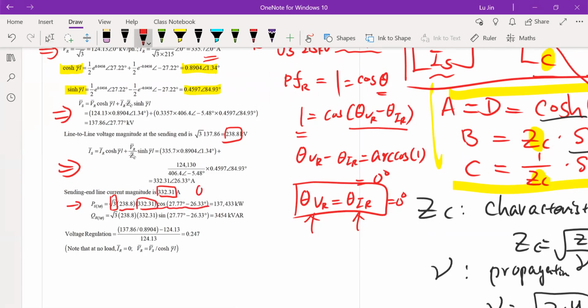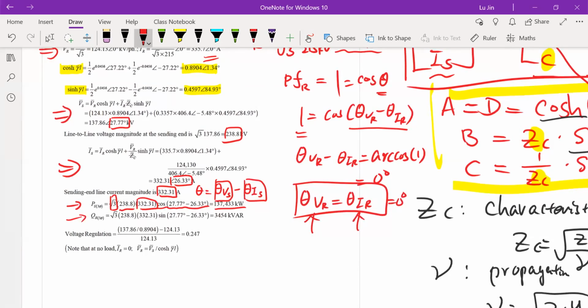This theta is equal to the angle of the voltage at the sending end minus the angle of the current at the sending end. This voltage angle is given here, based on our calculation, and this current angle is given here. So just find the difference of these two to be the theta, then cosine theta. You got such real power.